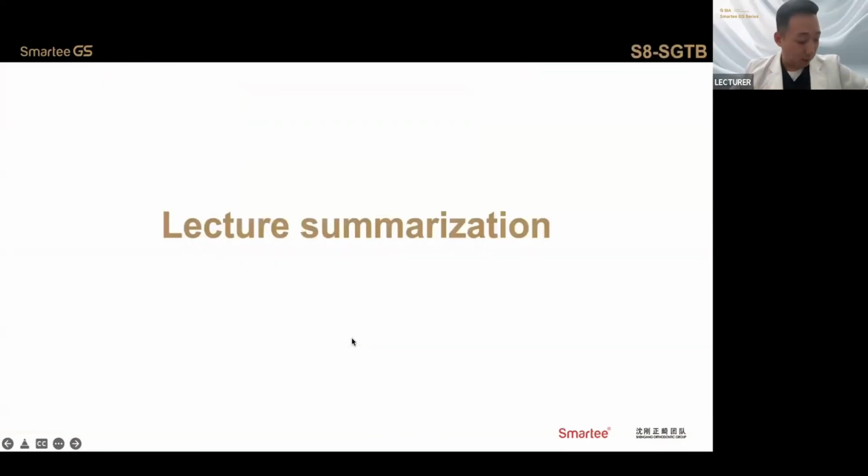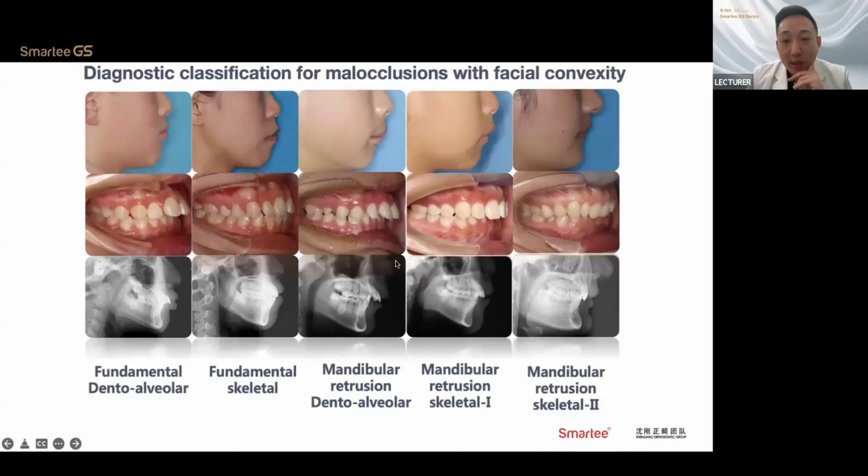Let's give a summary of my lecture. For S8 SGTB, the indications are the last 3 types: the mandibular retrusion dentoalveolar type, the mandibular retrusion skeletal 1 type, and the mandibular retrusion skeletal 2 type.